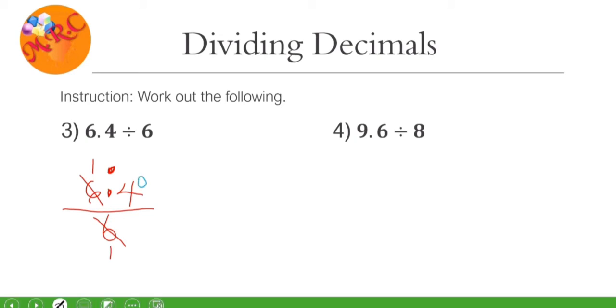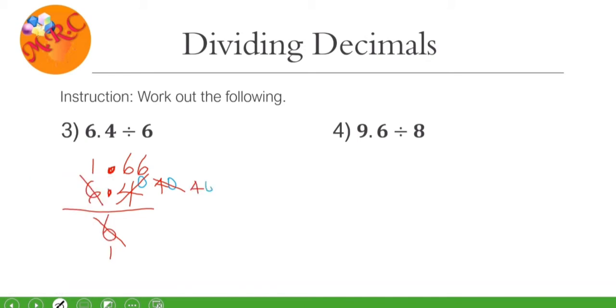It's now 40. So now I'm going to say 6 into 40, and that's 6, remainder 4. And I add another 0, and 6 into 40 again is 6, remainder 4.